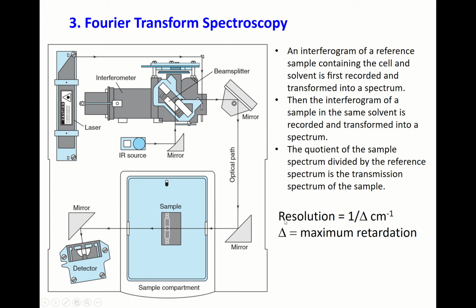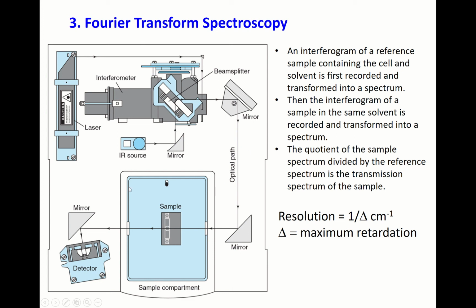Here the resolution of this FTIR is given by this equation, 1 over delta, where delta is the maximum retardation. As you see, the resolution of FTIR is much better than any dispersive spectrometer.